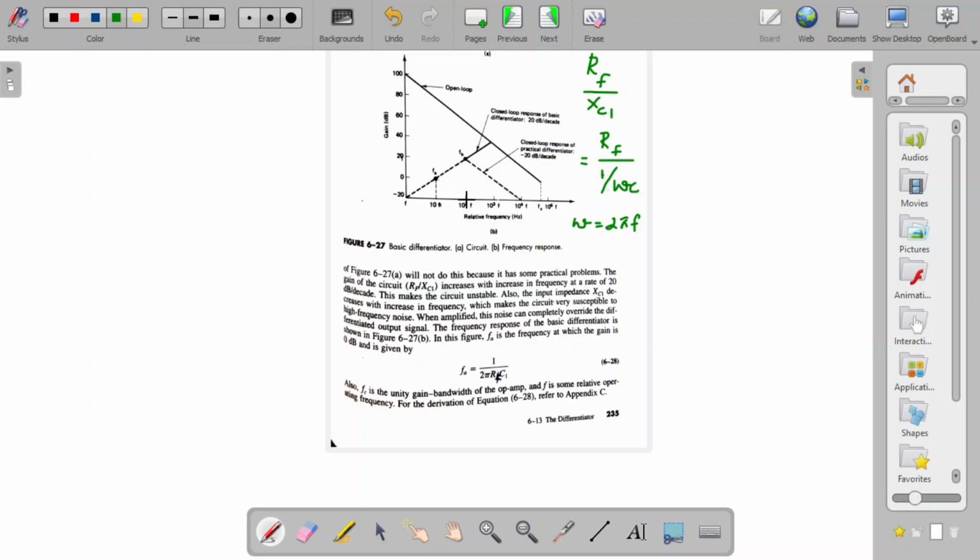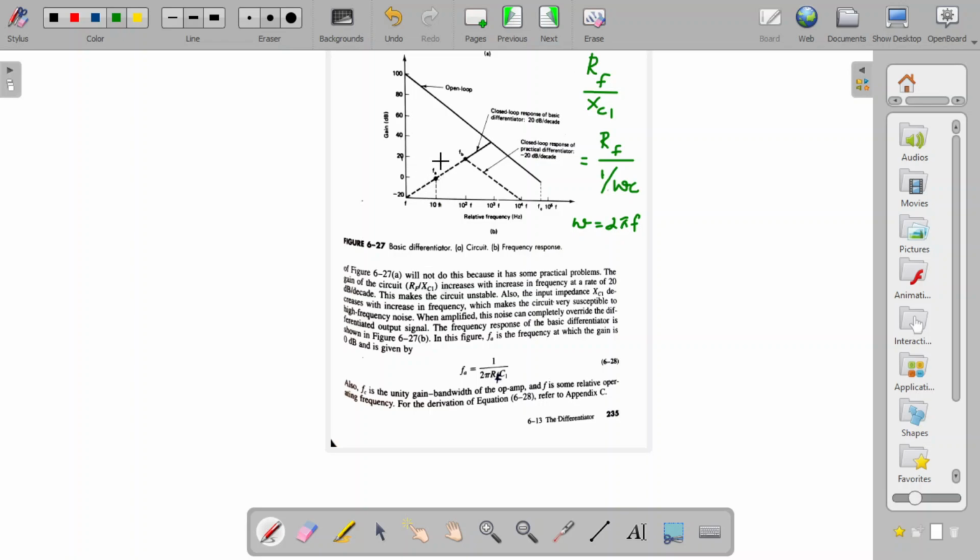Then you can see that the newly added components will play a major role in limiting the frequencies. So we can say that this FB, the frequency at which the gain is going to decrease, obviously will depend upon the new elements which you have implemented.